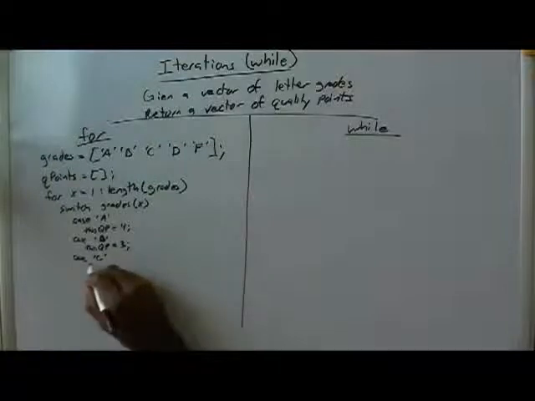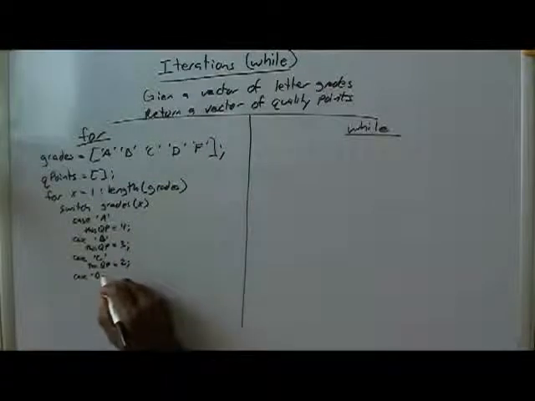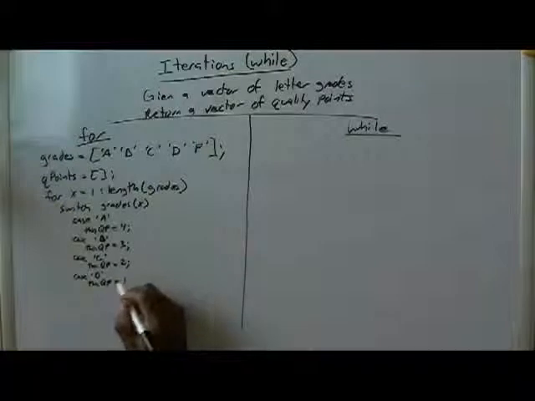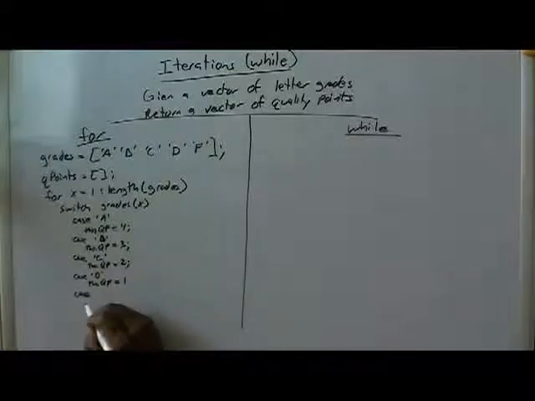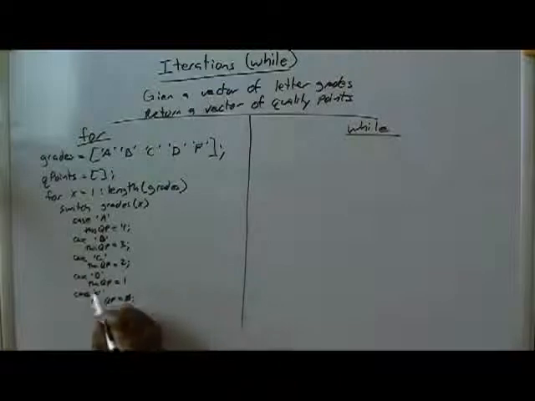Case C, this QP equals 2. Case D, this QP equals 1. And case F, this QP equals 0. And then I end my switch statement.